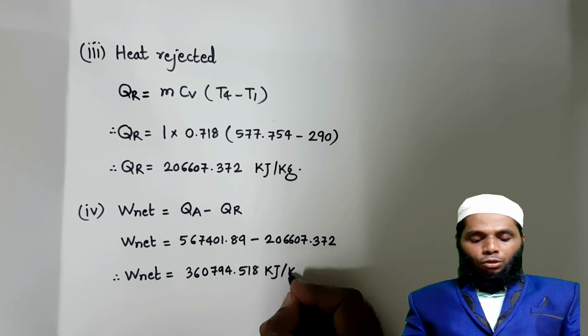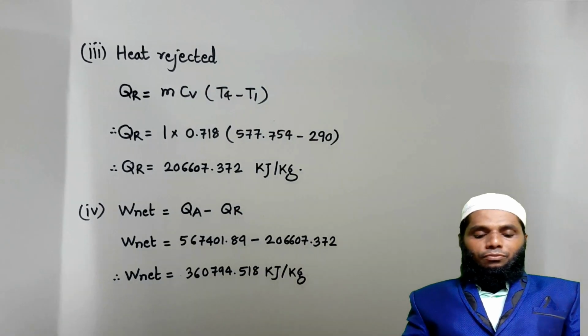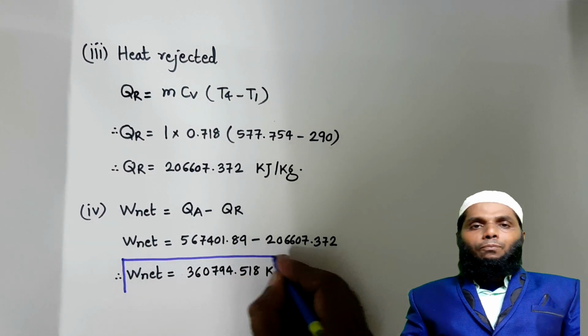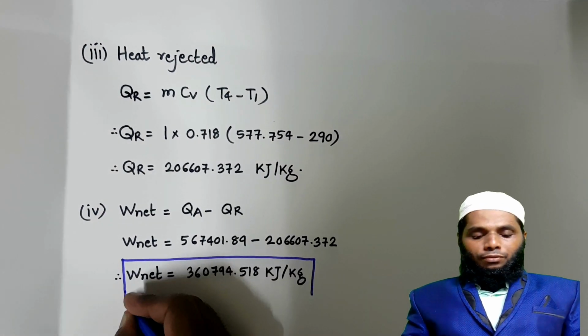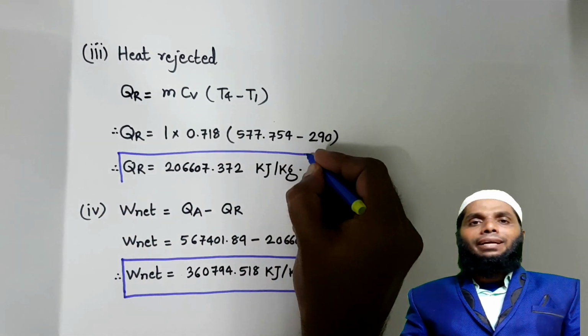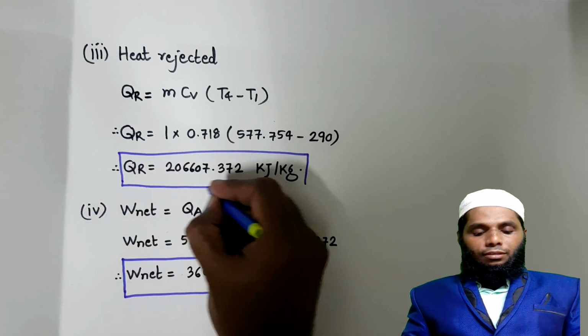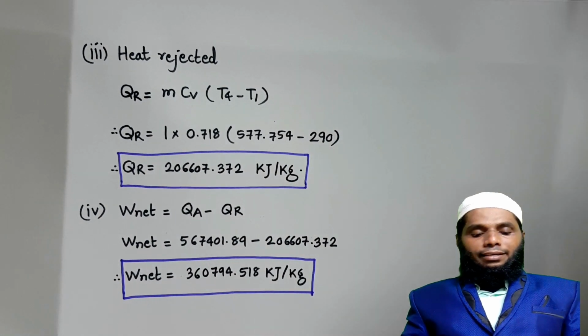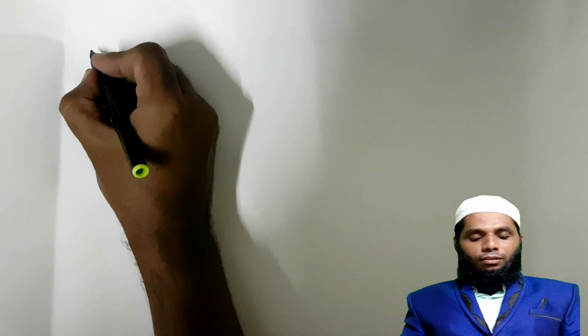This is the net work done by the system, in kilojoule per kg, which is the required answer in order to determine its efficiency. So in diesel cycle, we have heat added, heat rejected and net work done.